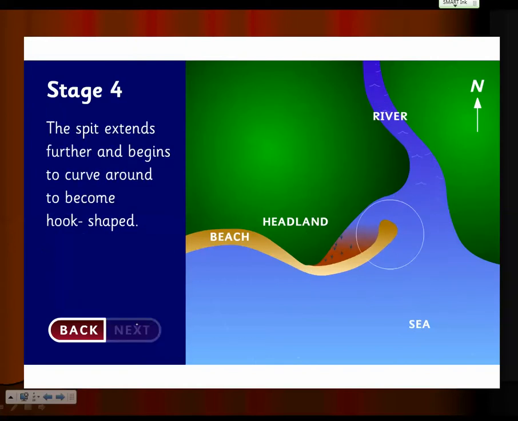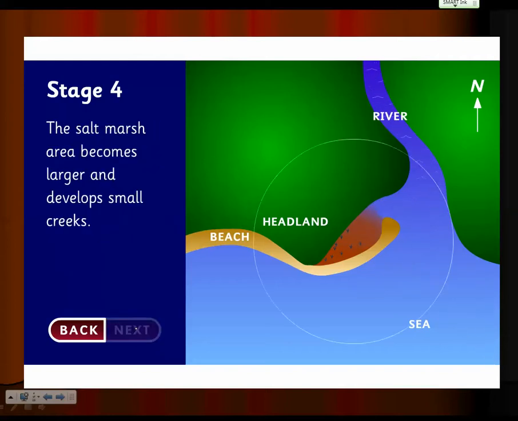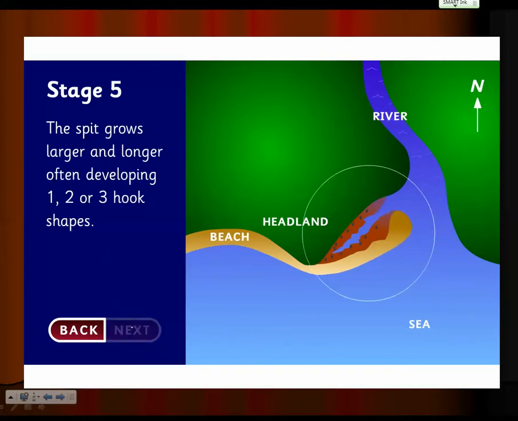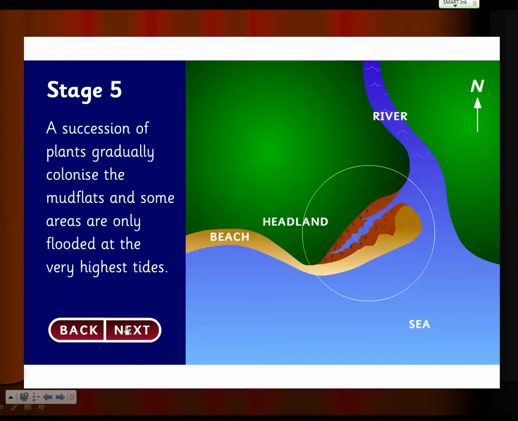And some grass grows there. The spit keeps moving, curling around, and the wind is pushing it in that direction. So that whole area back there could become a marsh with creeks. You can see it's almost going to close off this river, but the river's going to keep it from doing that.